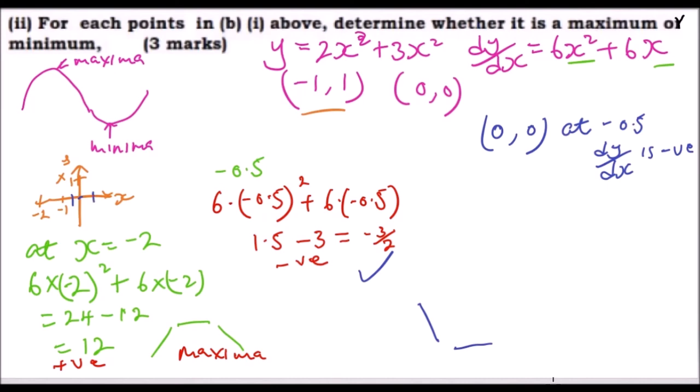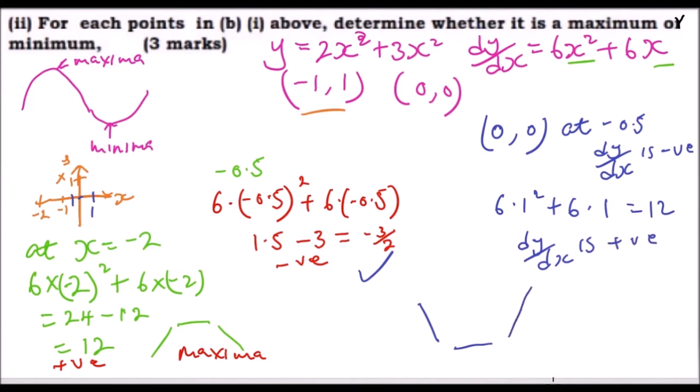What about when we take 1? So we substitute 1 in our gradient. That will give us 6 multiplied by 1 squared plus 6 multiplied by 1, and that is going to give us 12. So dy over dx is positive, and the nature of the positive gradient is like that.